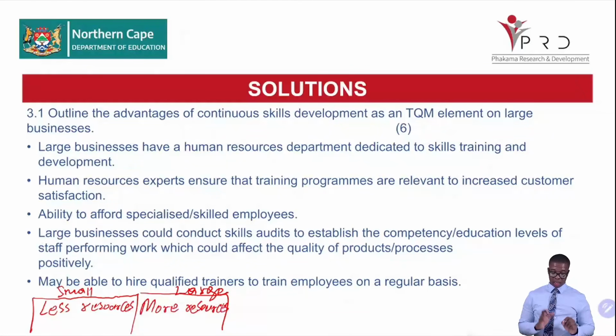So between a small and a large business, which business is going to be in a better position to have an advantage when they're doing their continuous skills development? It's a large business, because when we say more resources, we are saying that business has more money. It has more workers.